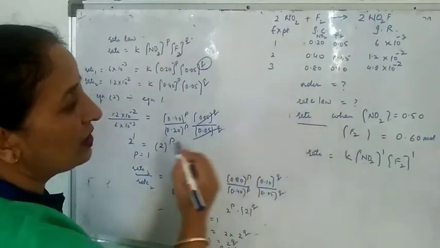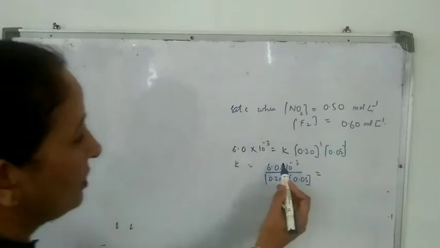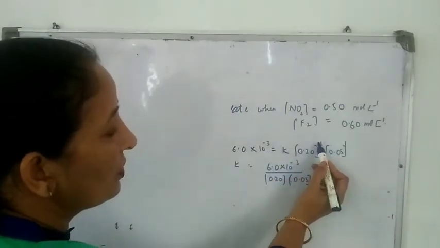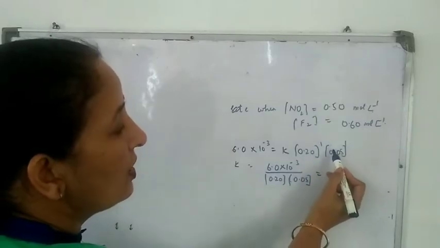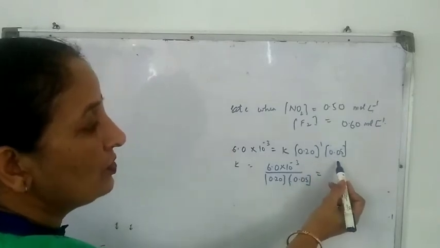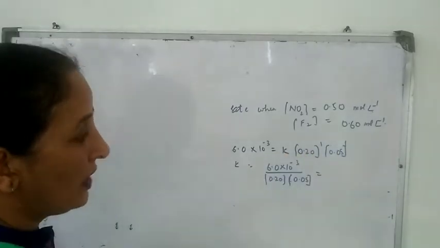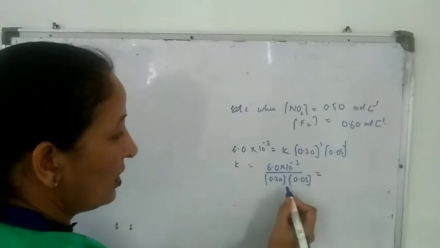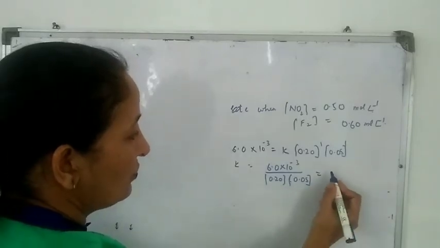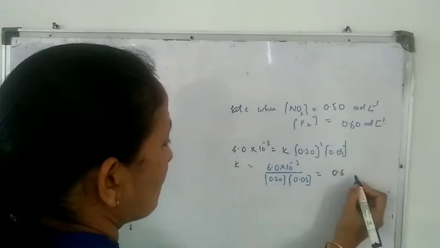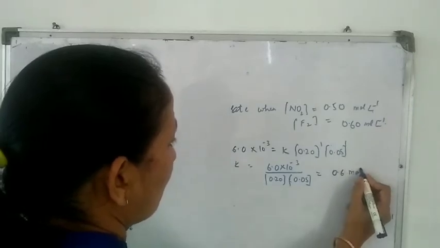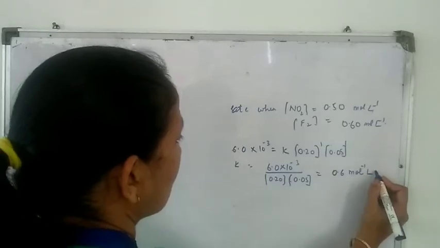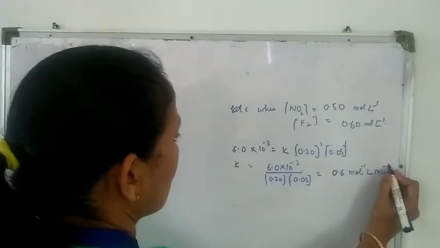Then third is to find out rate. Rate is equal to k into concentration of NO2 0.20 raised to power 1 into concentration of F2 0.05 raised to power 1. So k is equal to this divided by these values. So this comes out to be 0.6 mole inverse liter minute inverse.